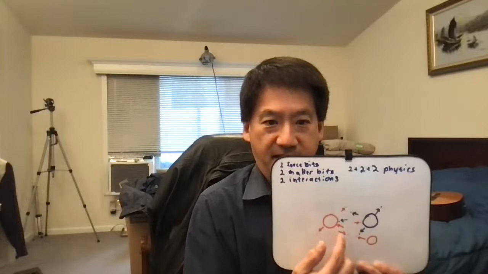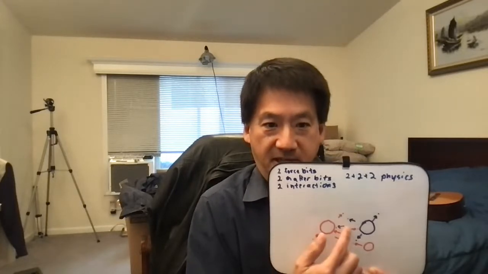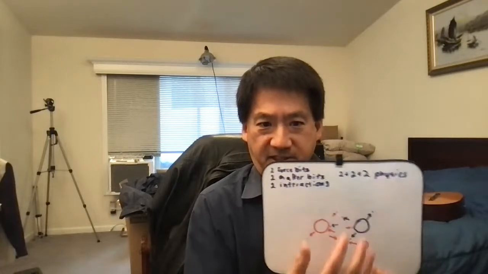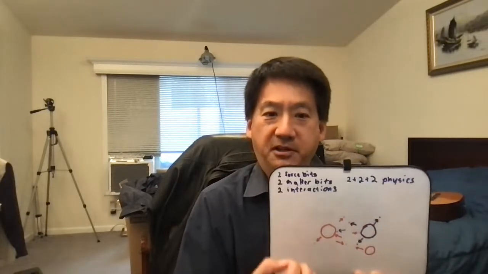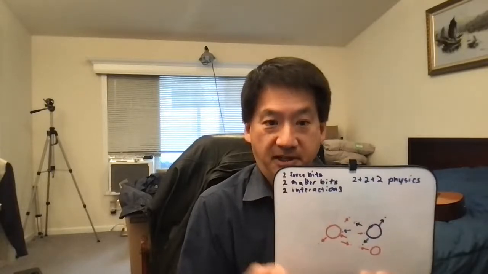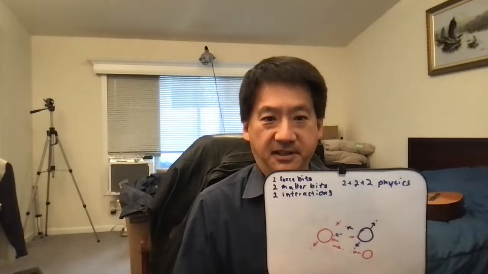And how does it know that it got hit by the red bit? How does it know it got hit by the blue bit? You've just pushed the question about how these things attract and repel to another level.